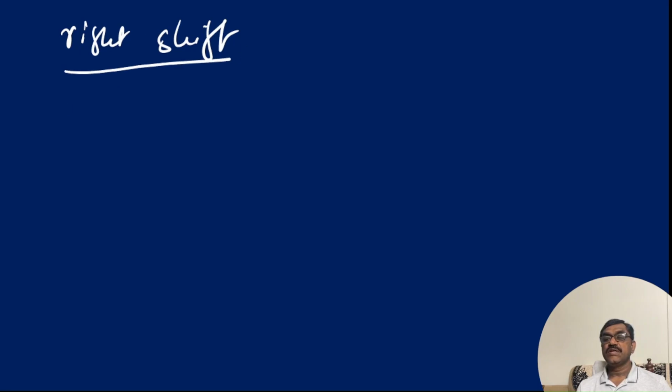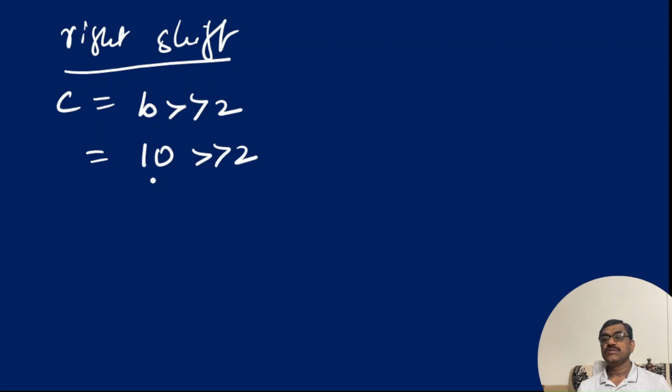Similarly, we are talking about bitwise right shift. In the bitwise right shift also we are using the same concept. Now, for example, I'm writing C equals B right shift 2. Any number of bits you can shift. B value, what I said, is 10.